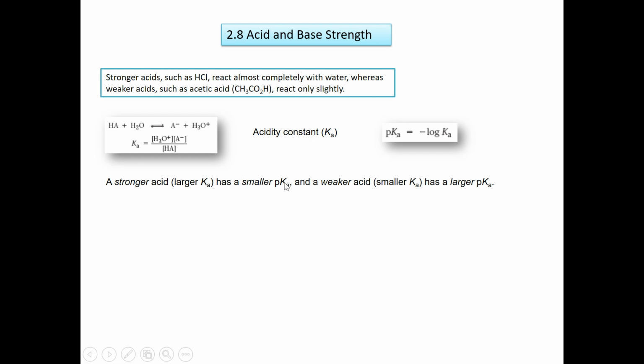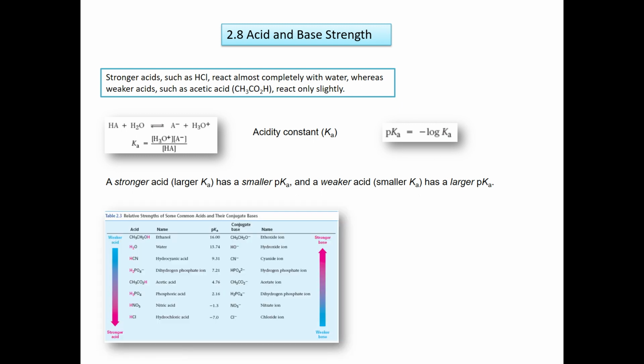And the weaker an acid is, the bigger the pKa will be. Here you have some examples of the pKa of different acids. Remember, the lower the pKa, the higher the acidity. The larger the pKa, the weaker the acid.